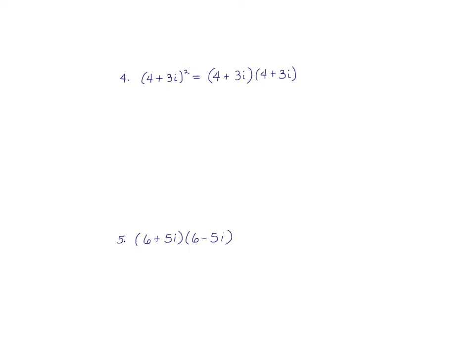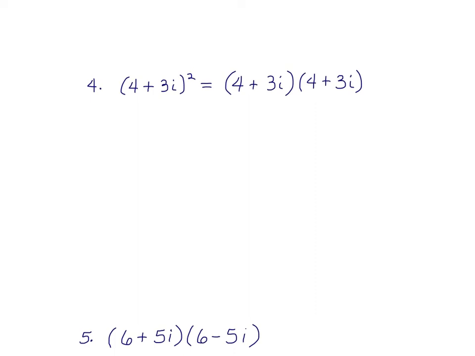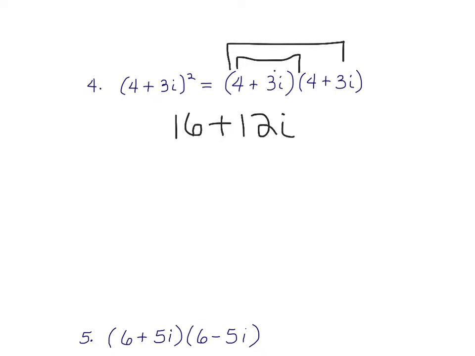I'm going to do 4 times 4 for my first term, and I get 16. Then outside, I get 12i. Then inside, I also get 12i. Then the last gives me 9i squared.